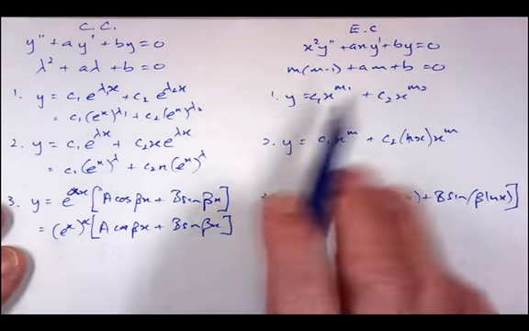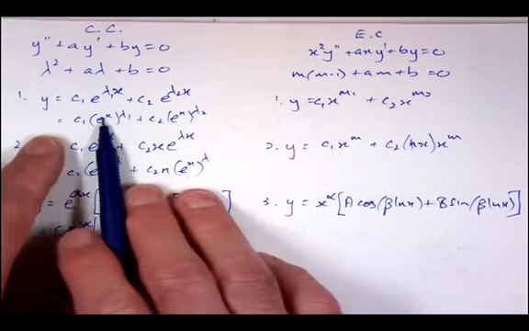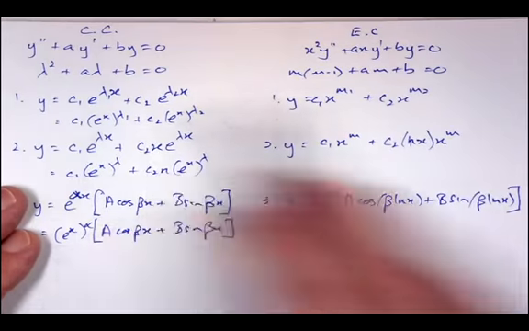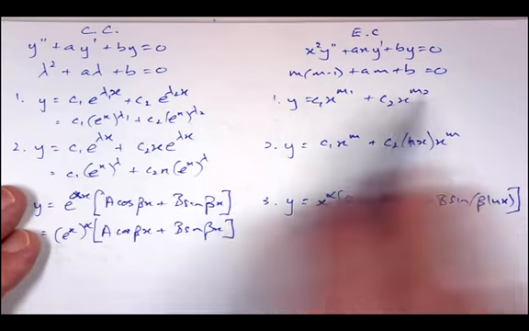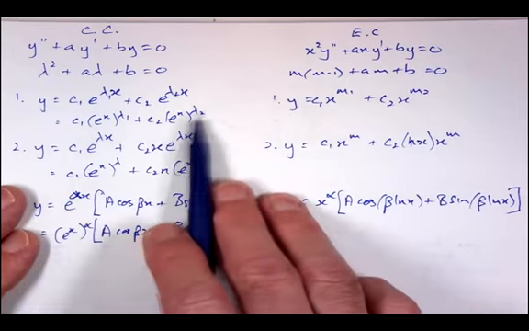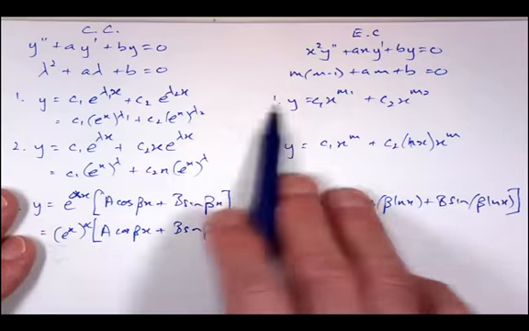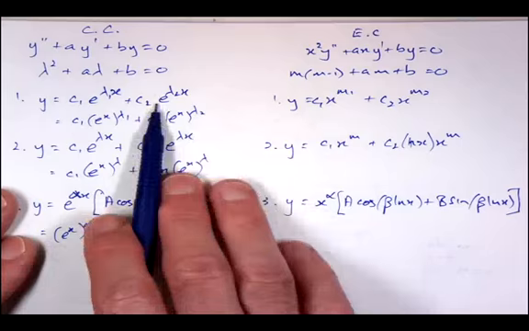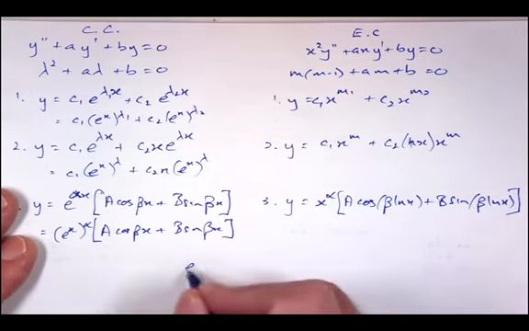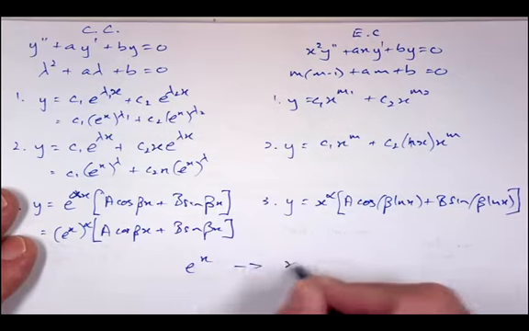Well, they're similar. Look at this. This is something to a power, and I've shown you that this is something to a power. It was e to the x to a power, e to the x to a power. So it looks like, to get from this to this, e to the x has gone to x.